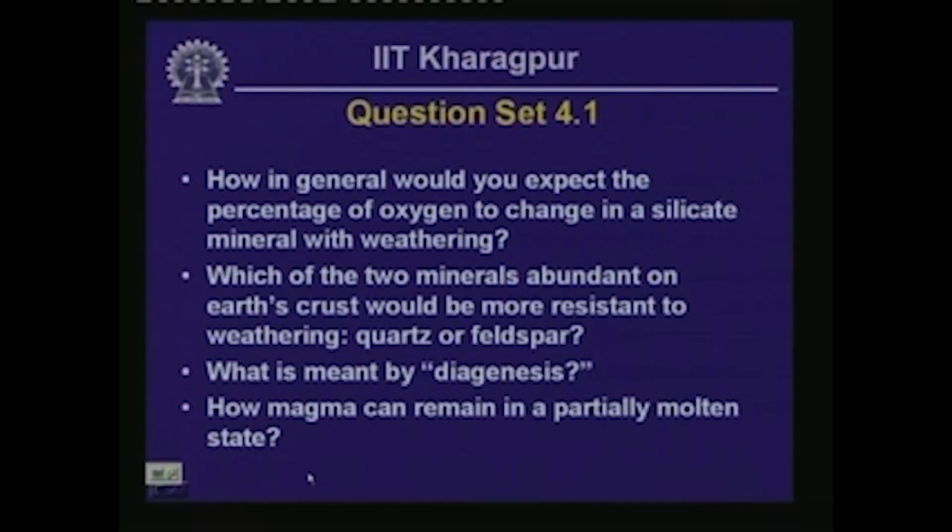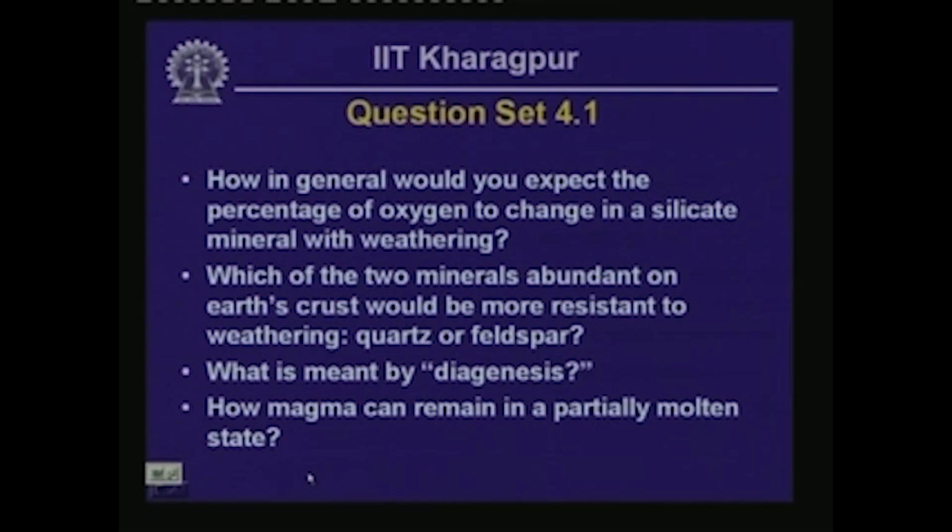The fourth question that I asked was how magma can remain in a partially molten state. Magma can be a composition of several different mineral species, as I indicated in the last presentation, and all these minerals have different melting points, and as a result the mixture can remain in a partially molten state under different environmental variables, which are pressure, the chemical environment, and temperature.